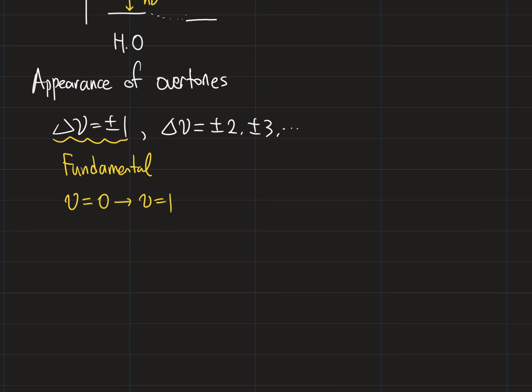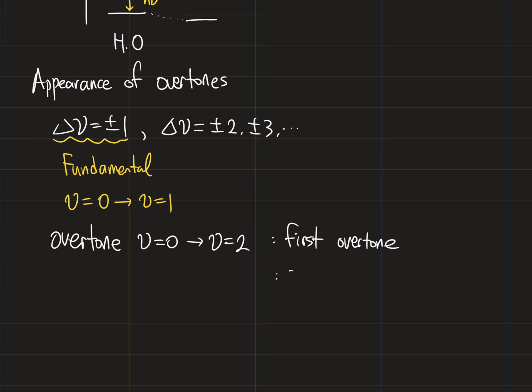And the overtone is the weak band at roughly twice the fundamental frequency, because this is the transition from v equals 0 to v equals 2. So this is the first overtone. Then what about the second overtone? That should be the transition from v equals 0 to v equals 3.